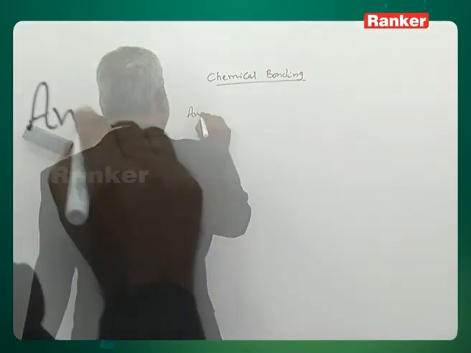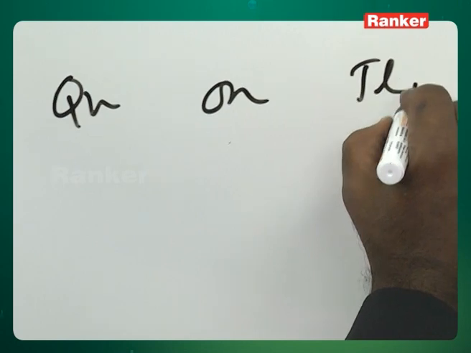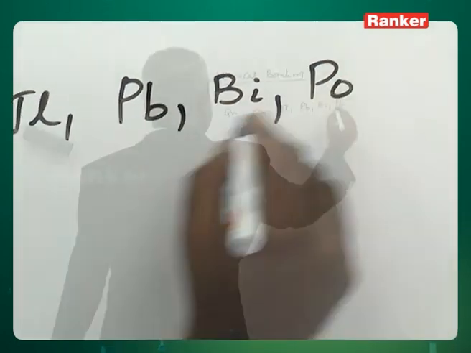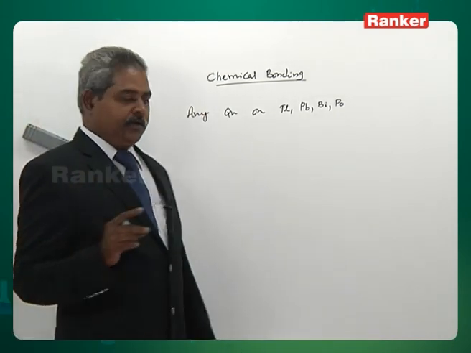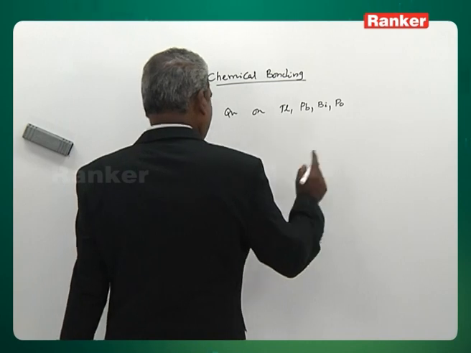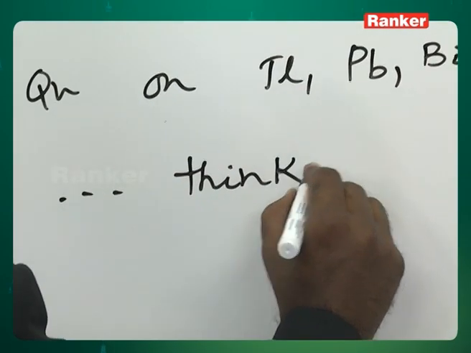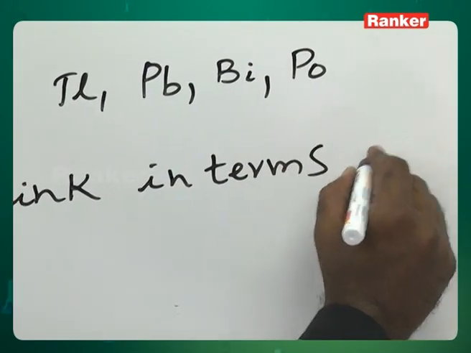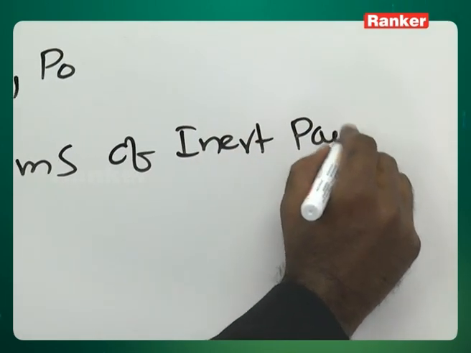Any question? Thallium, lead, bismuth, polonium, only these 4 elements, I repeat, thallium, lead, bismuth, polonium, you start thinking in terms of inert pair effect.